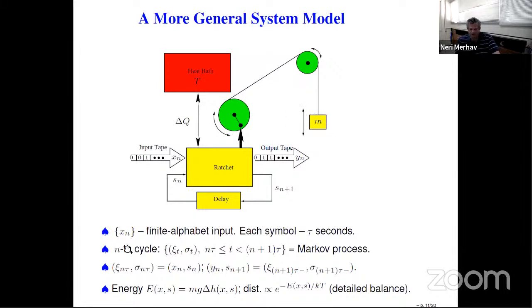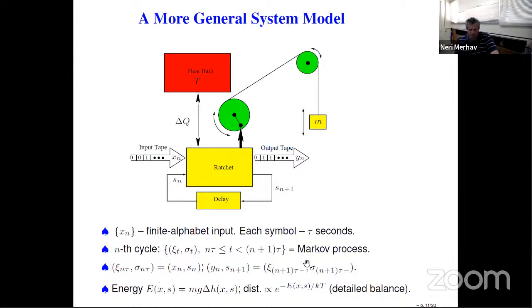We have here two levels of random processes. The higher level process is in discrete time. It's the process defined by the incoming bits X_n, the outgoing bits Y_n, and the state variable S_n. And the discrete time is in multiples of a single period of length tau, as before. And this is the higher level process.